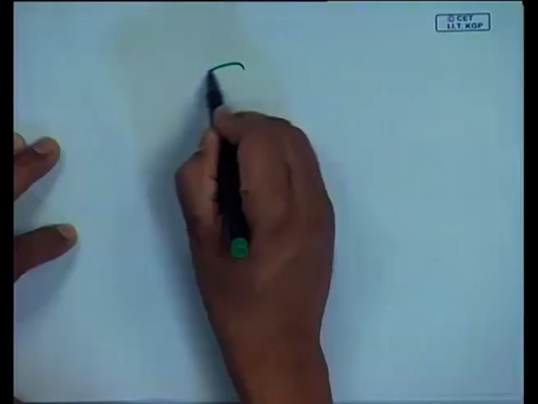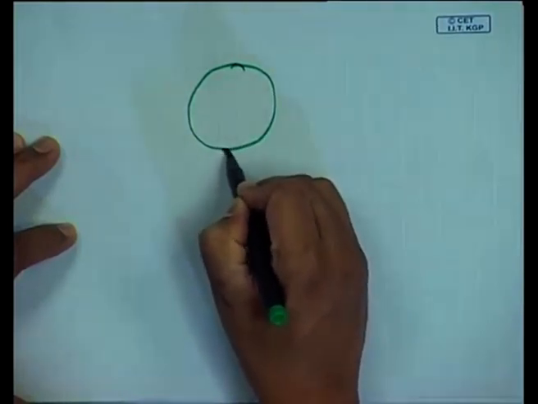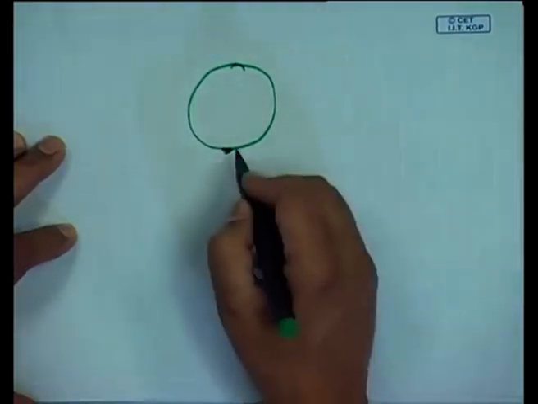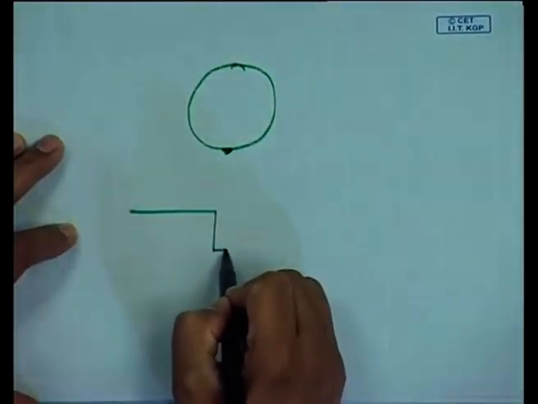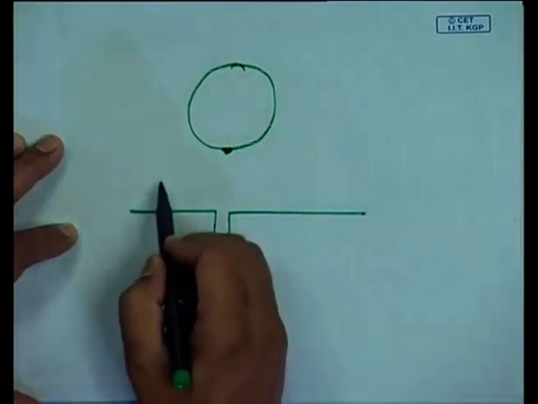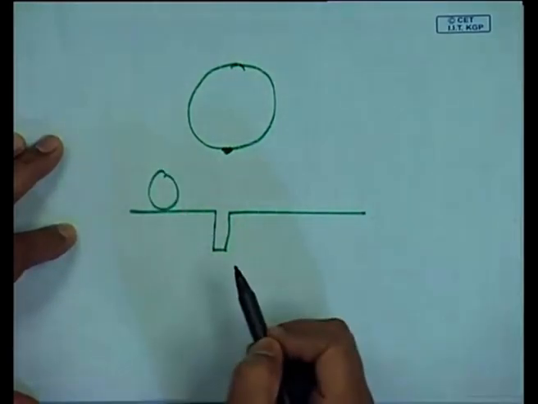But you can think of it another way. Suppose now in this outer race there is a defect, a pit, as if you are going on a road, and suddenly there is a pit.